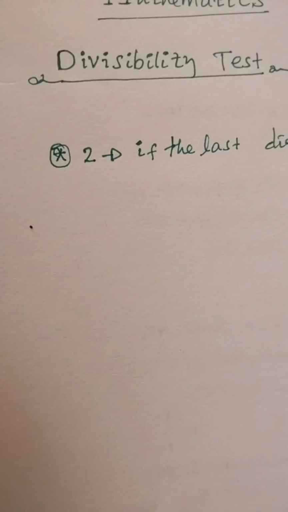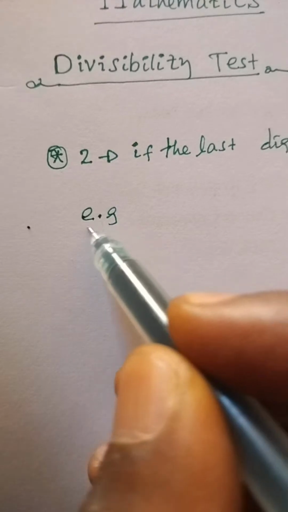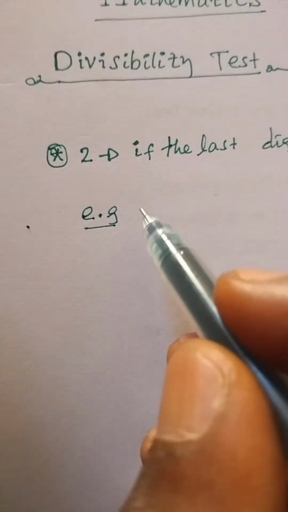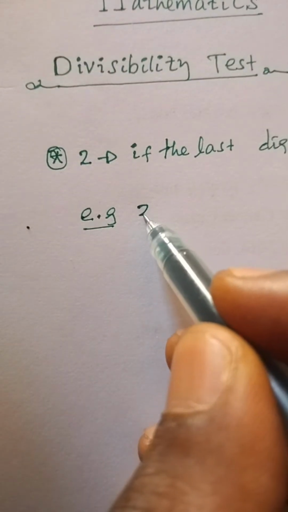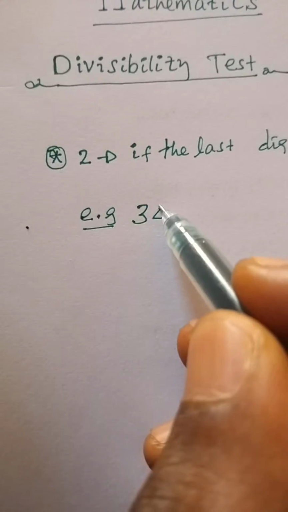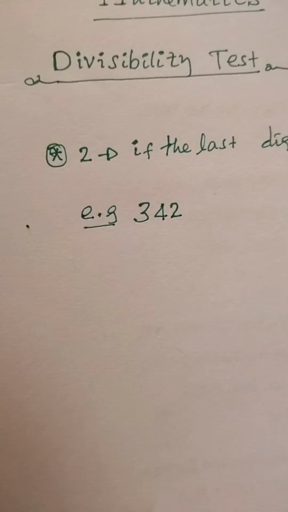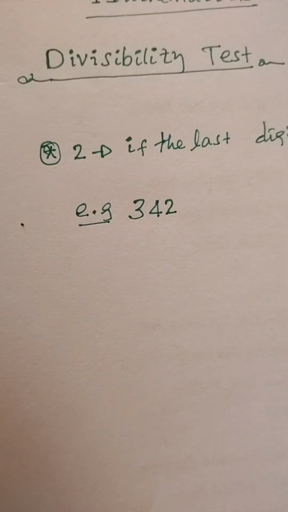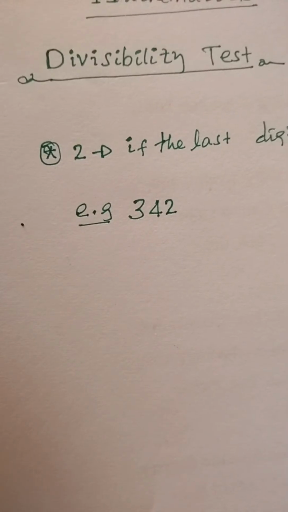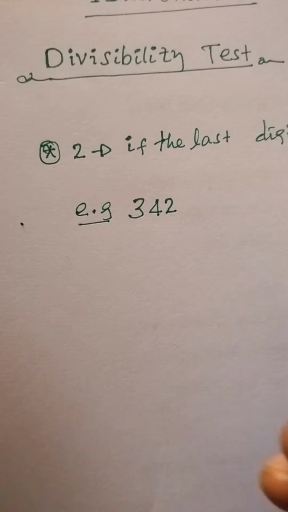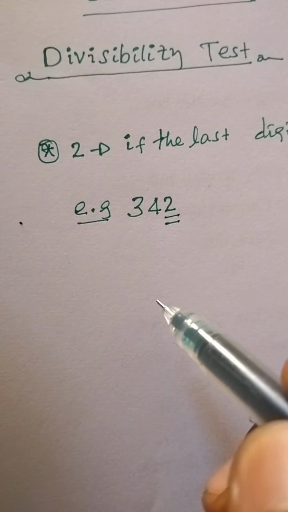So let's check. Let's take an example. Is this number divisible by 2 or not? Let's say 342. Is this divisible by 2 or not? It's divisible, yes. Why? We check the last digit.